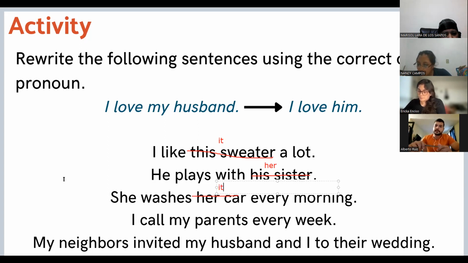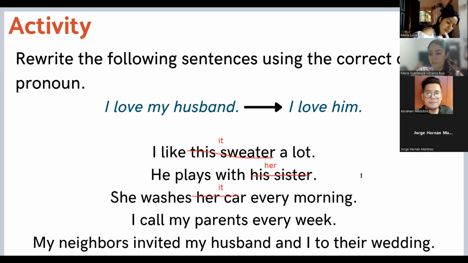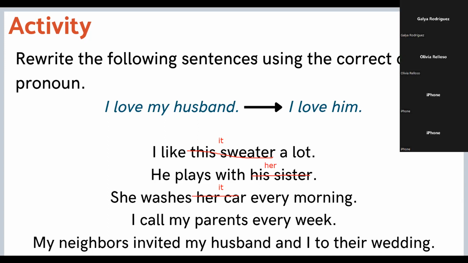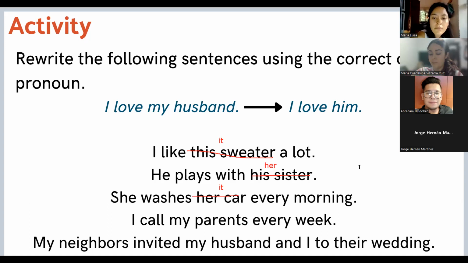Here we go. And then next one. The original sentence, I call my parents every week. Abraham, how do I change it? Abraham, are you out there? No? Okay, never mind. Galia, how do I change it?